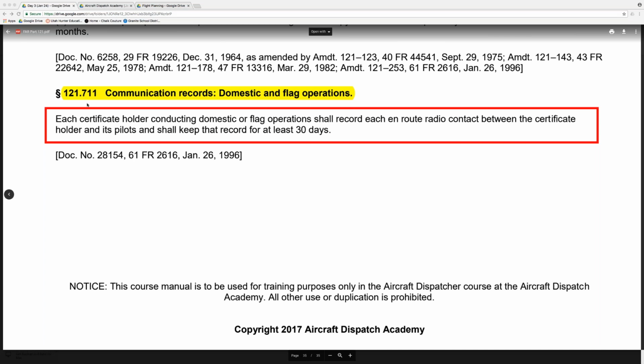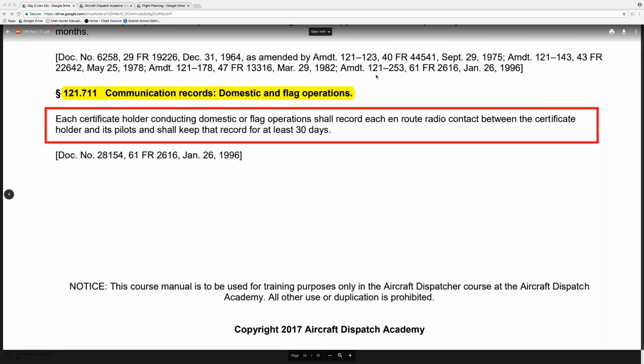Yep, we keep transcripts of every one of our conversations, all of our ACARS messages. It's kind of funny because we talked about closing an IFR flight plan this week.